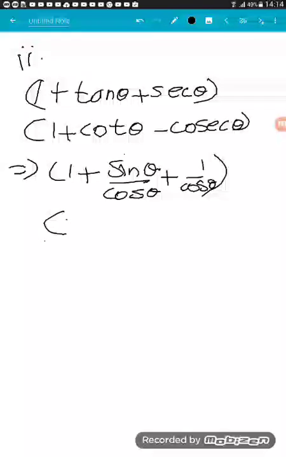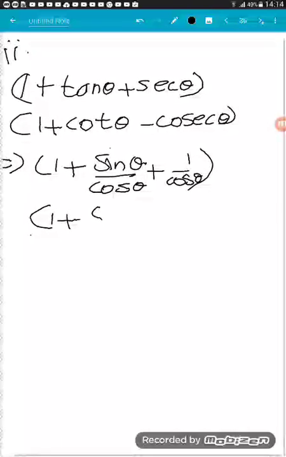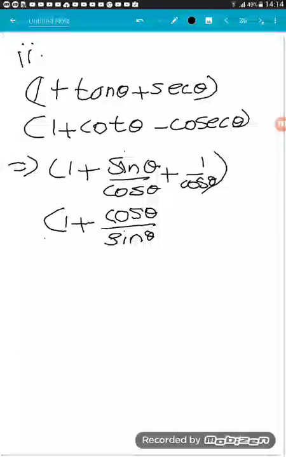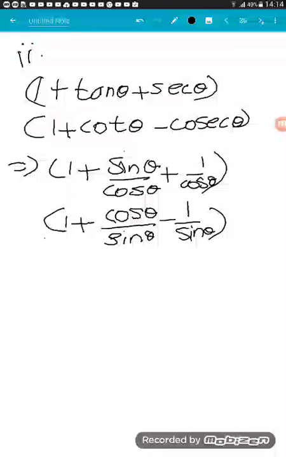So it will be 1 plus the other one bracket, it will be 1 plus cos theta by sin theta minus 1 by sin theta.